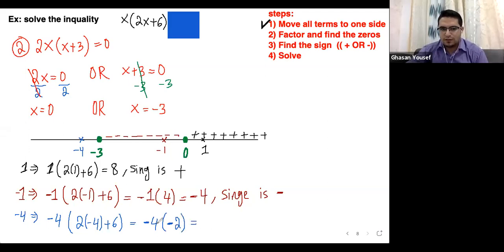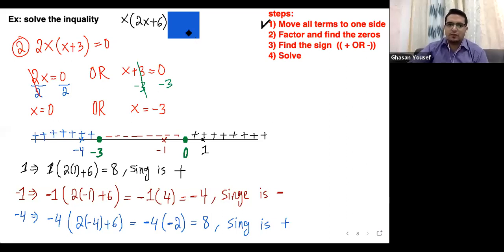Now -4 times -2, I get positive 8. So what is the sign here? Tau, this is correct, it is 8, positive. So here, any number less than -3, the answer will be positive. Now, what is the solution?